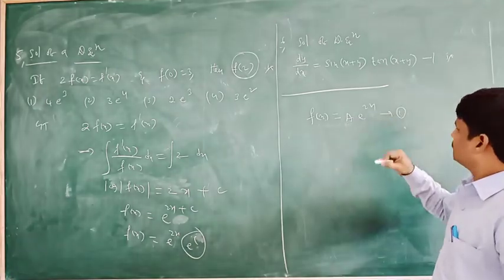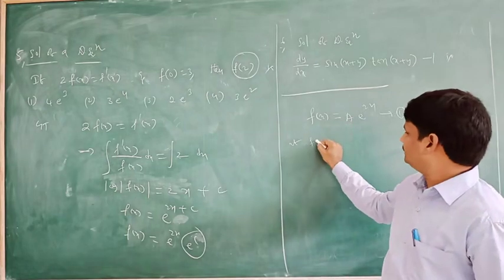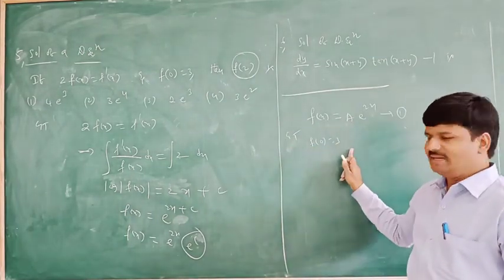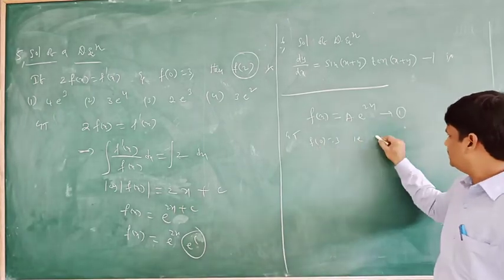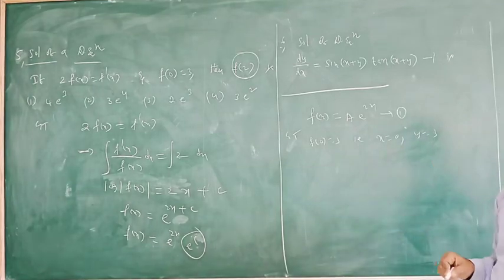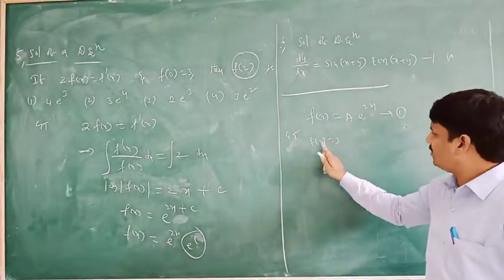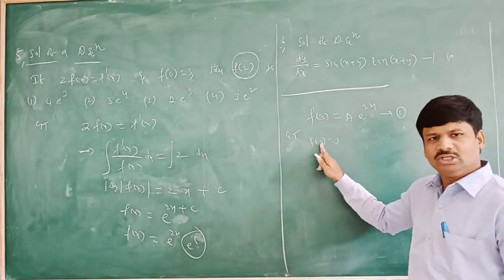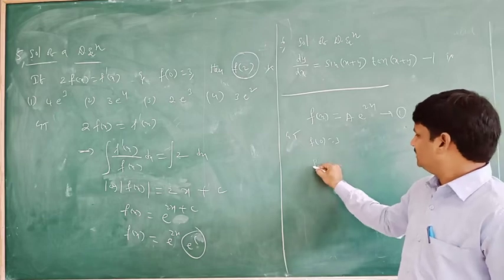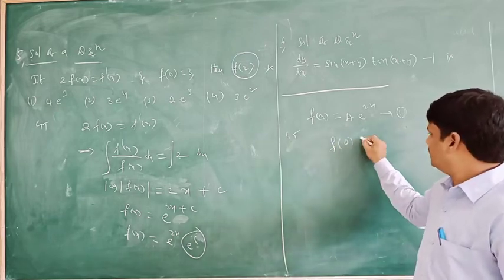Take this one. Here see what is given here. Given that f of 0 is equal to 3, that means x equal to 0, y value 3. Now substitute here. F of 0 equal to 3 means in the place of x substitute 0, and that value is equal to 3.